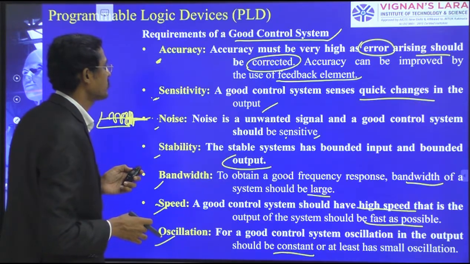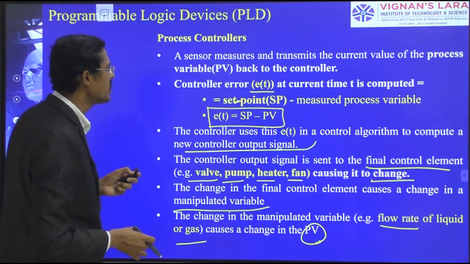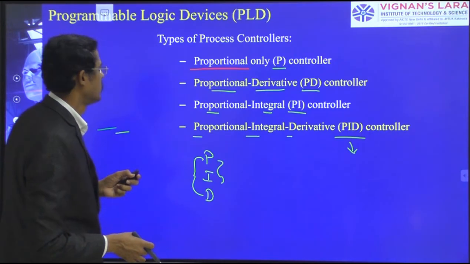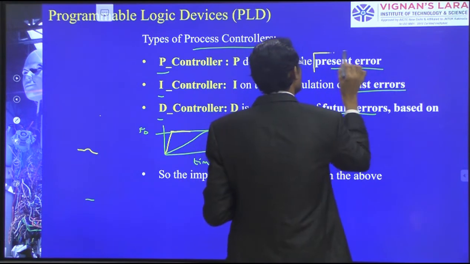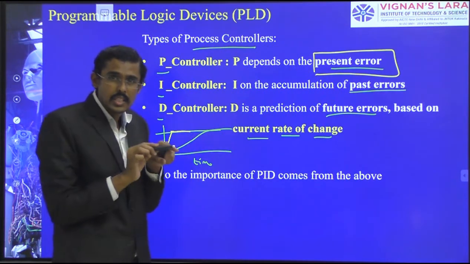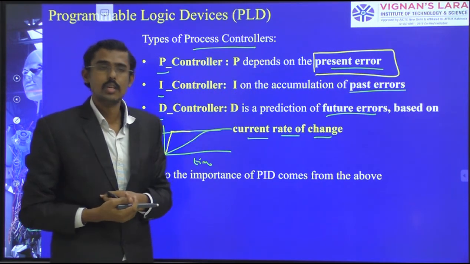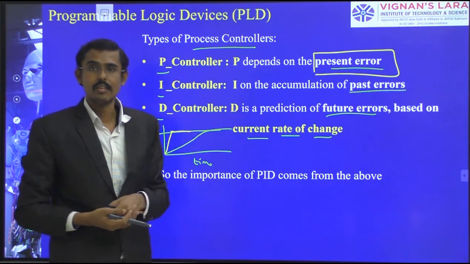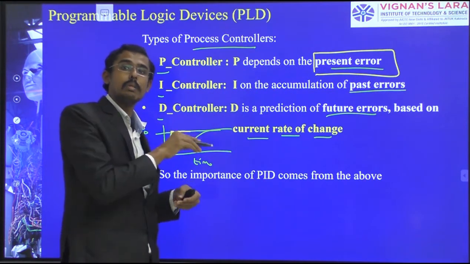The P is going to work upon the present error. This present error is a steady state error. It is happening now. I know this is going to happen from the previous experiments.